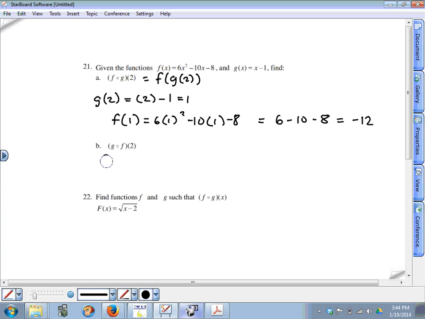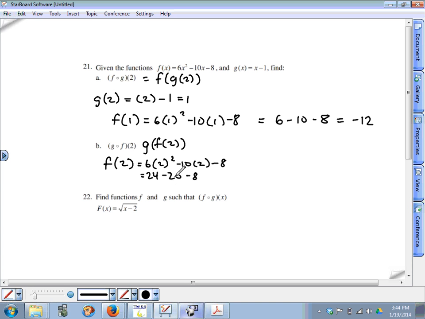Now this is g of f of 2. So the first thing we need to figure out is f of 2, because 2 is going to go inside the f function. That's going to change it into a new number. That new number goes inside the g function. So f of 2 becomes 6 times 2 squared minus 10 times 2 minus 8. 2 squared is 4 times 6 is 24, minus 20, minus 8.